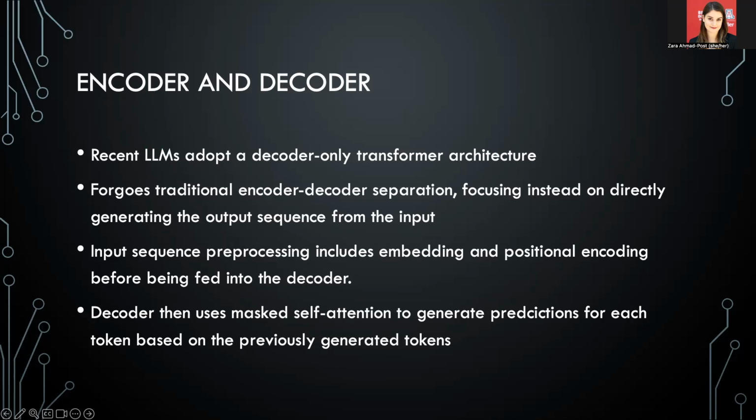The input sequence processing is still going to include the embedding and the positional encoding, but it's not going to add a bunch of extra stuff. You're not going to have a million other feed-forward networks or self-attention mechanisms on the input. The real task and the challenge is to just generate the output. So it's the masked self-attention mechanism that helps the decoder learn what the next sequence should be. Does that start to make a little bit of sense? Yeah? Okay, cool.